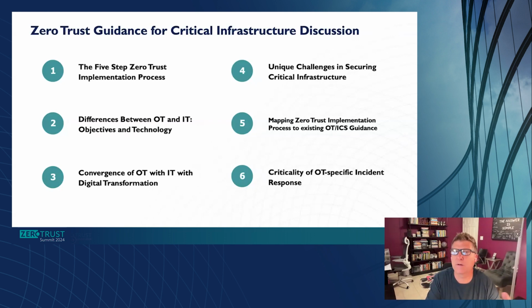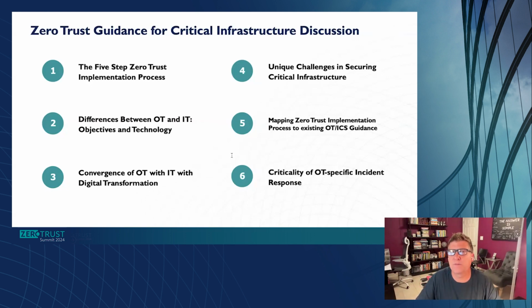I think we take great care and time in explaining those differences, both in the objectives, in the technologies, and we even talk about different threat vectors. That's kind of another key point. So we start off acknowledging and really educating folks on IT is this, OT is that. Let's first get this out of the way.